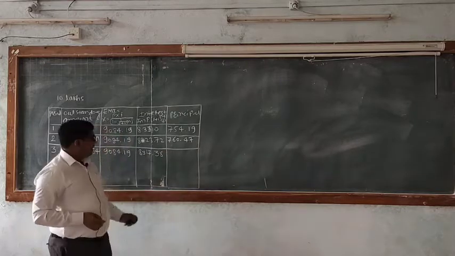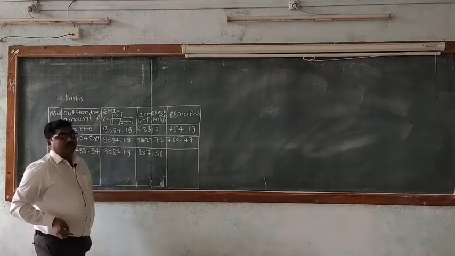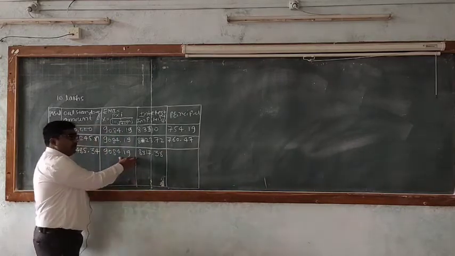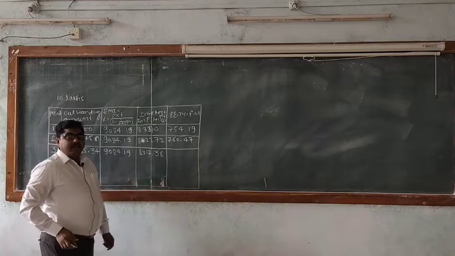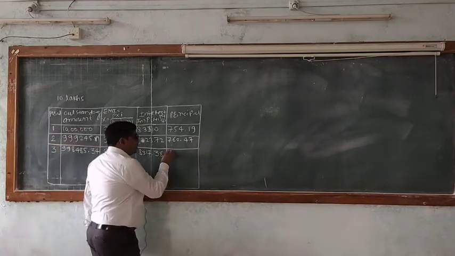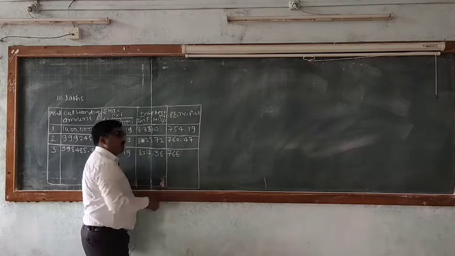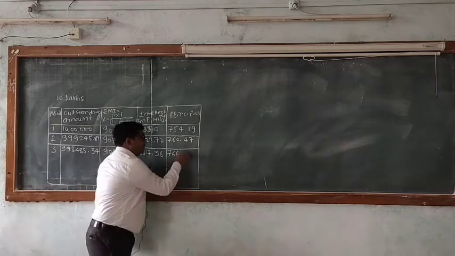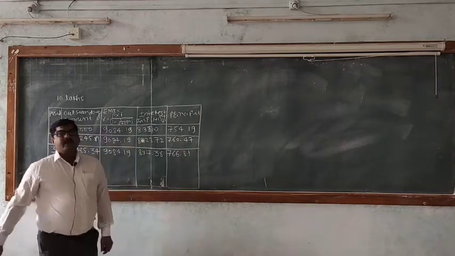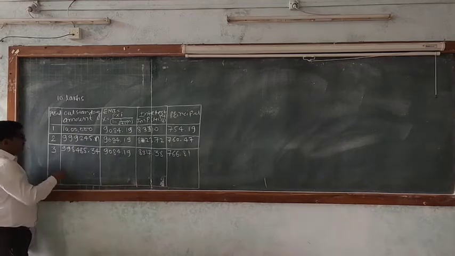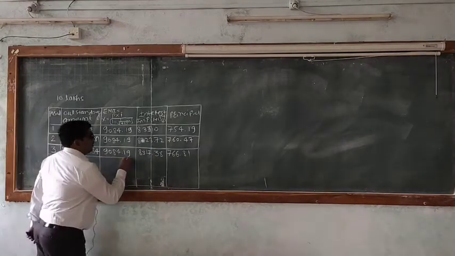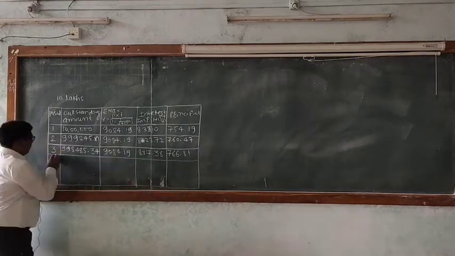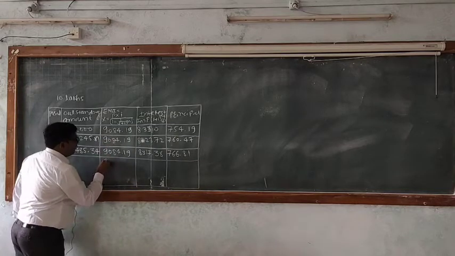Again same, if you take the subtraction between them, then we will get 766.81. Similarly, fourth periodic installment, EMI is same.